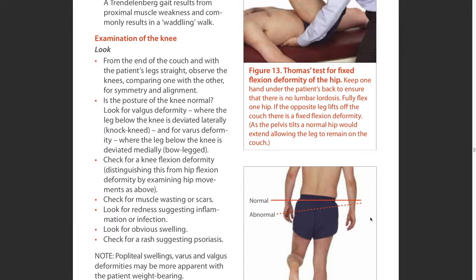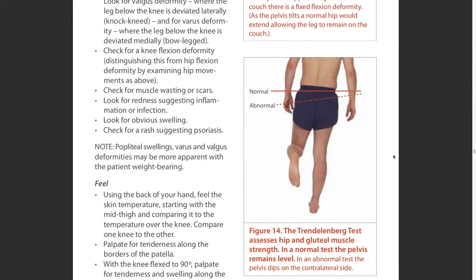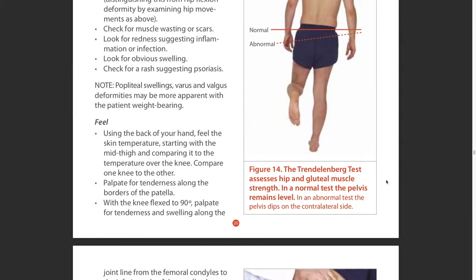So walk first. This last summary, I hope. Walk to the end, come back, and then observe for valgus and varus and popliteal swelling, and ask them to lie on the couch. And then you look for the other things, and then you feel for temperature.